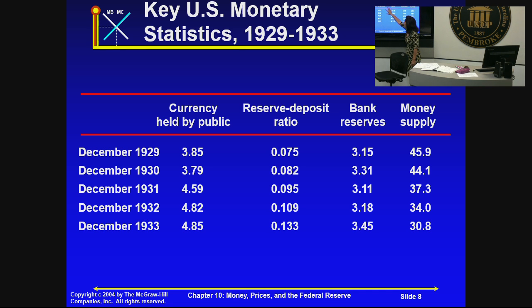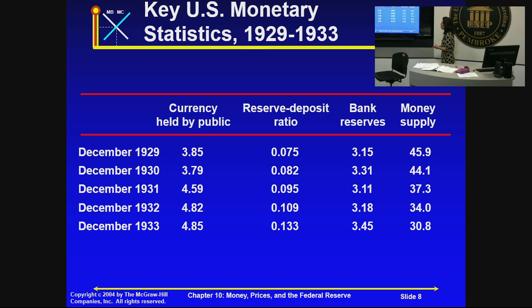We look at December, and currency held by the public, as you can see, except for that first year, or second year if you like, has gone up annually. So what does that mean? Because remember, people were not trusting the banks, and they said, oh, the economy was failing, so we need to withdraw money. So more people wanted to hang on to the money as cash. So therefore, you see that number goes up.